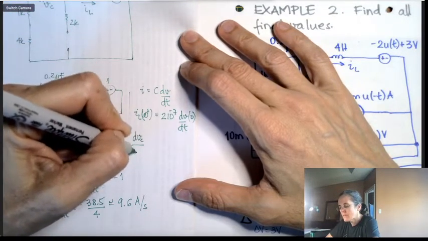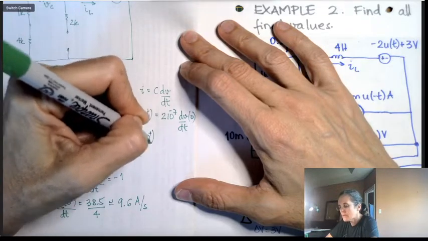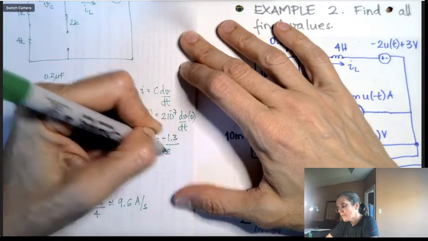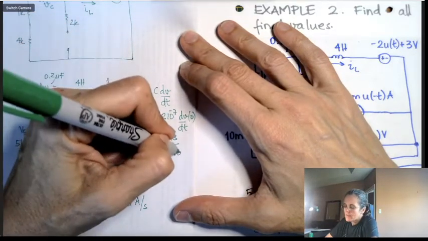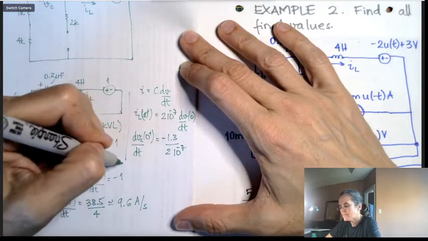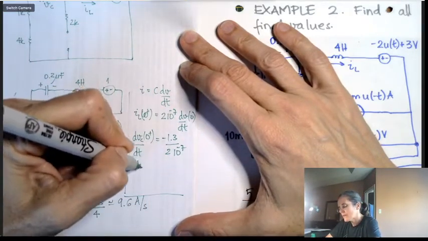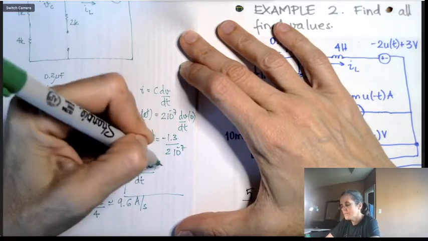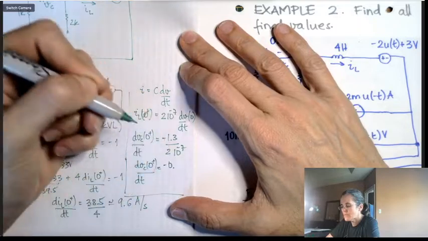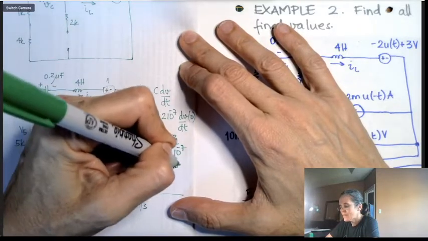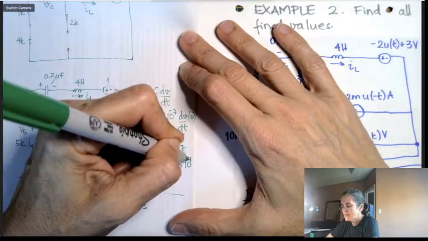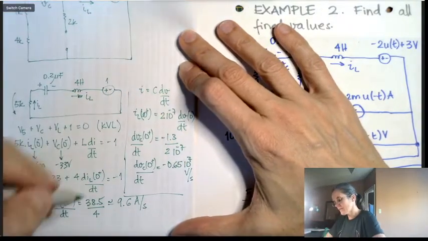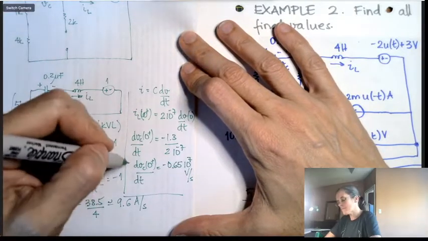So dVc/dt at 0 plus will be minus 1.3 divided by 2 times 10 to the minus 7. Finally, dVc of 0 plus dt is minus 0.65 times 10 to the 7 volts per second, which is 6.5 million volts per second, or minus that actually.